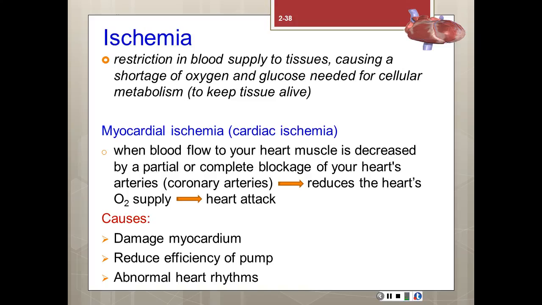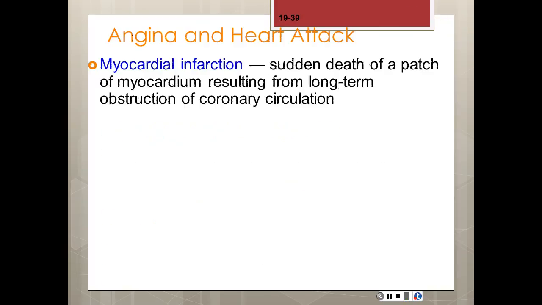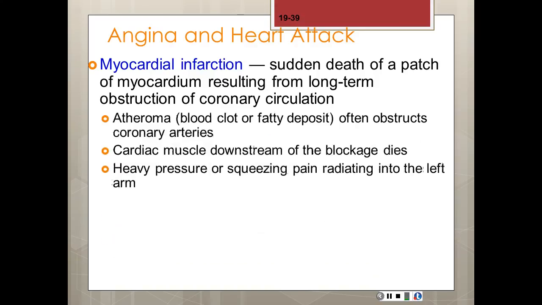So when we talk about reduced efficiency of the pump, I mean the pump is not shooting out or contracting as hard as it's supposed to, to get sufficient blood out of the heart. Then we have our MI, a myocardial infarction, sudden death of a patch of myocardium resulting from long-term obstruction of the coronary circulation.